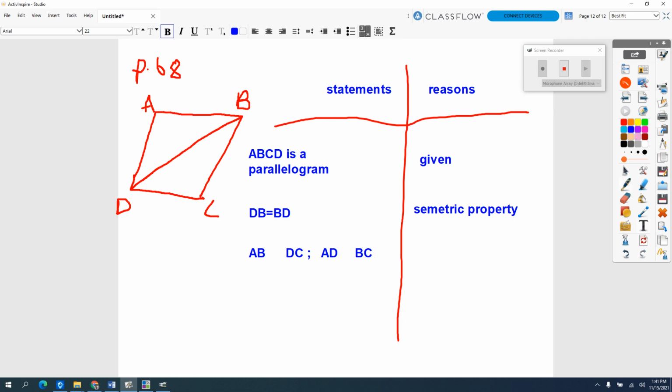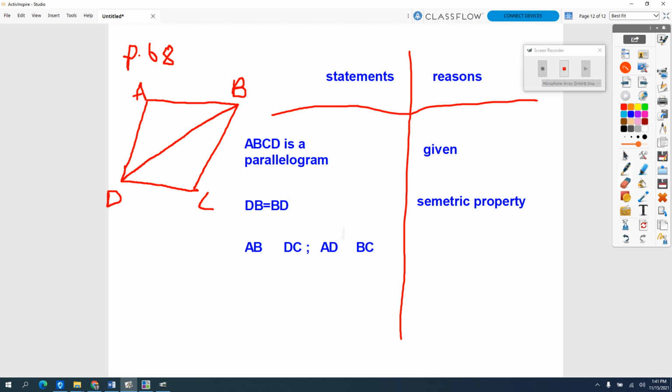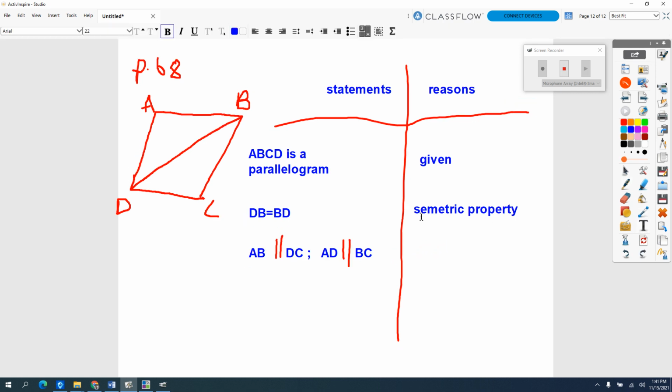The reason those two sides are parallel to each other is because, remember, we already said it was a given that it's a parallelogram. That is the definition of a parallelogram. I'm not writing out the whole word, but you should.